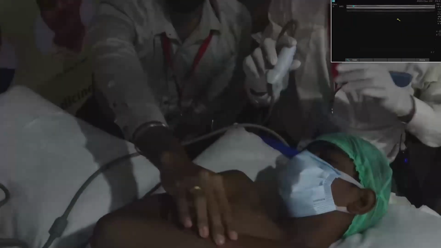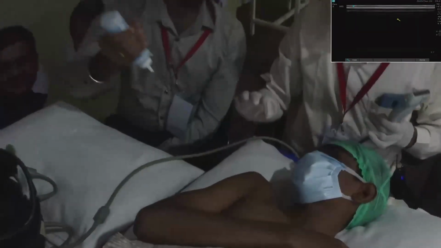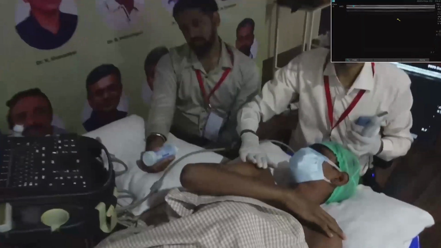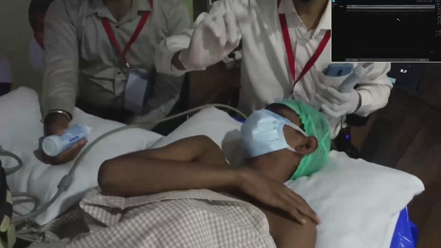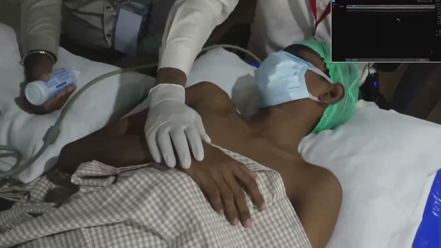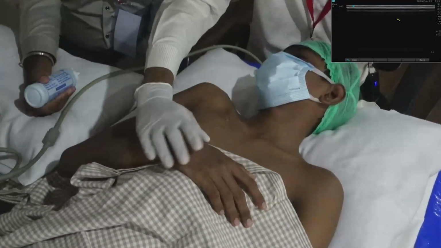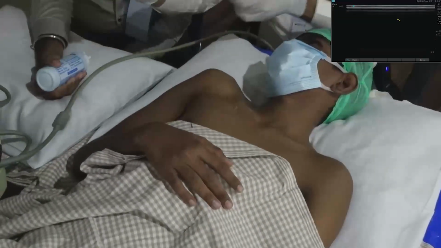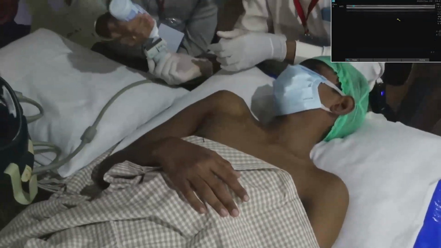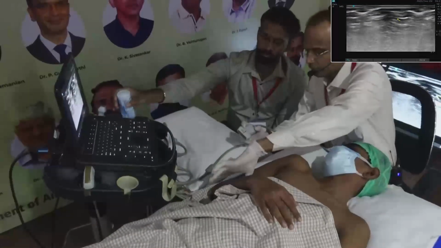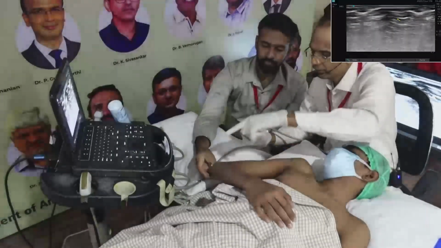Usually for the majority of blocks, especially axillary, costoclavicular and infraclavicular, we keep the arm abducted. Only one situation we need to keep the hand over the chest wall, and that is to trace the radial nerve. So here we have the lateral epicondyle.